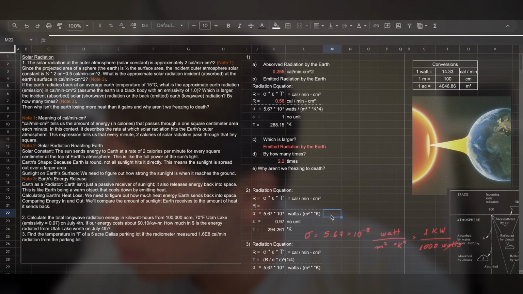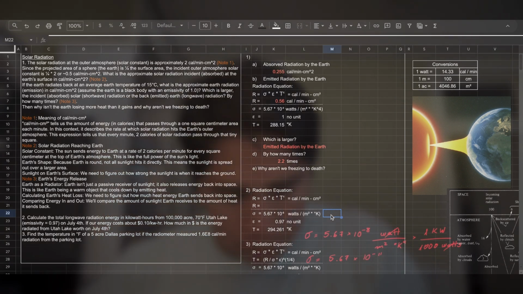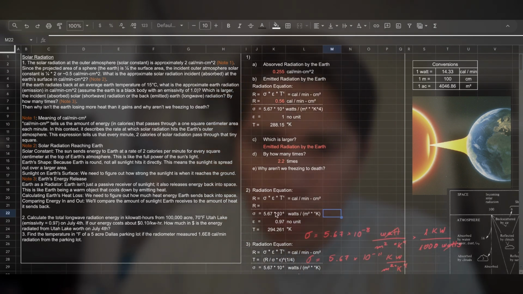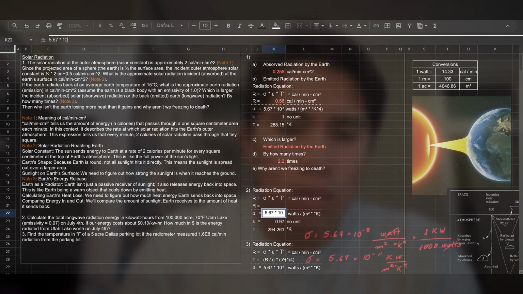So watts cancel. If we divide, this should be 5.67 times 10 to the negative 11, right? And this will be kilowatt per meter square degrees Kelvin to the fourth.